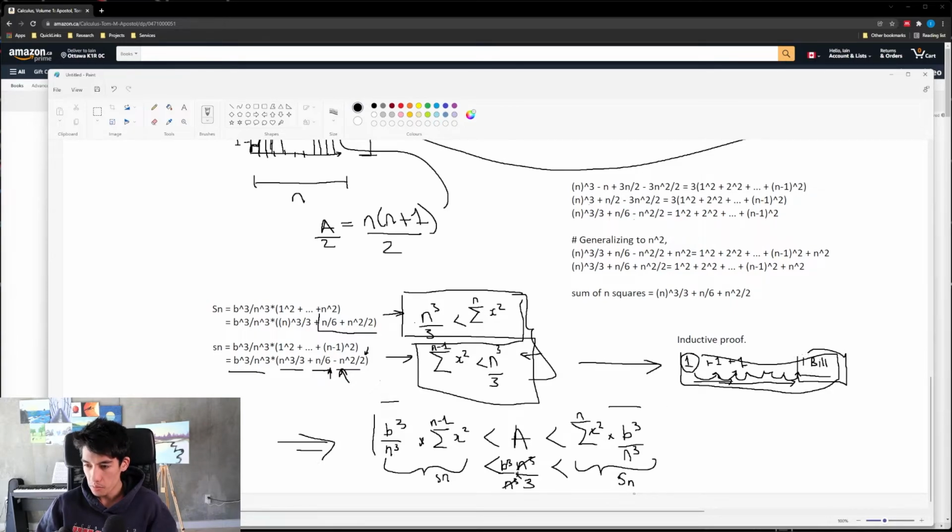In our case, we want to show that for any arbitrary n minus 1 or n, this inequality holds true. So we have some function a of some value x, and this will hold true: the sum of t squared, for t up to x minus 1, is smaller than x cubed over 3, right?